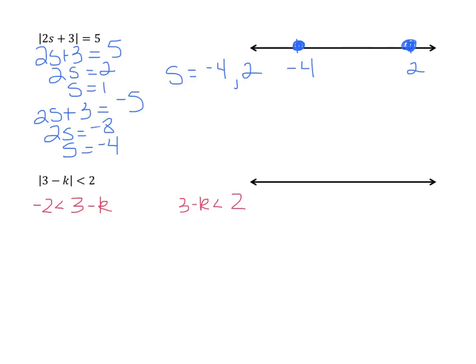For this one, so that I don't have to deal with multiplying and dividing negatives, I'll add k to both sides, and then add 2. On this, I will do the same thing. I'll add k to both sides, and I will subtract 2 from both sides. I might rewrite this as k is greater than 1.